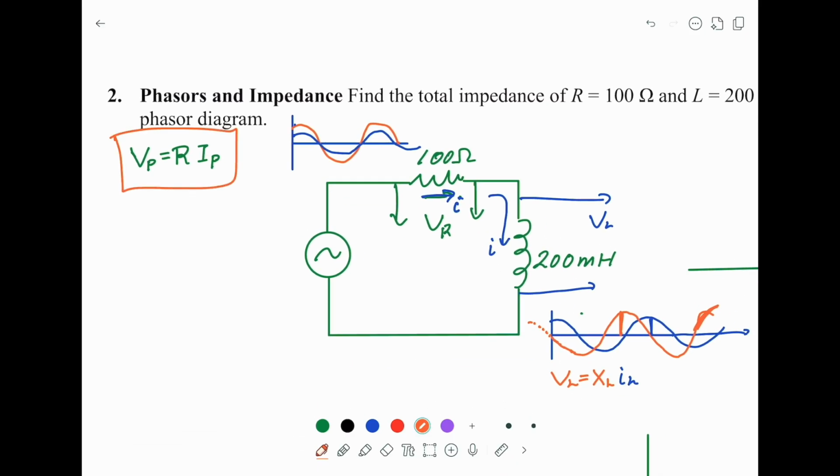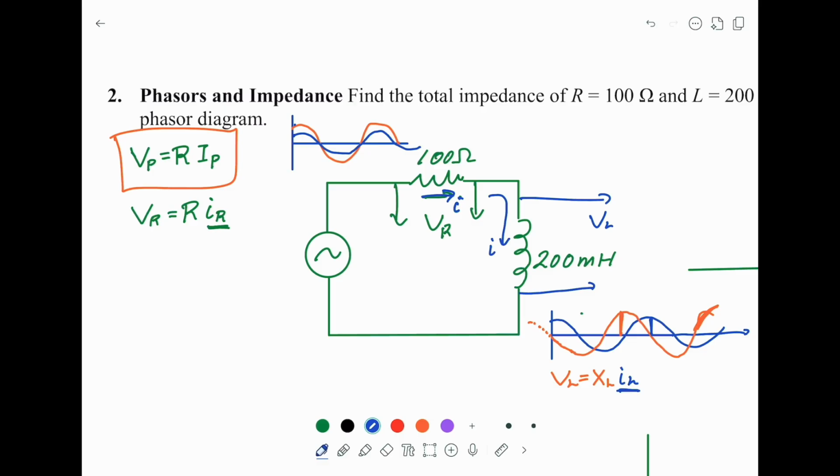So this form is very similar to this. Now, honestly, I think I should write this one as V, the peak of R, equal to R, the I, the peak of R. Of course, this value and these values, they are the same, and also they're in phase. Now, the issue is, what is XL?